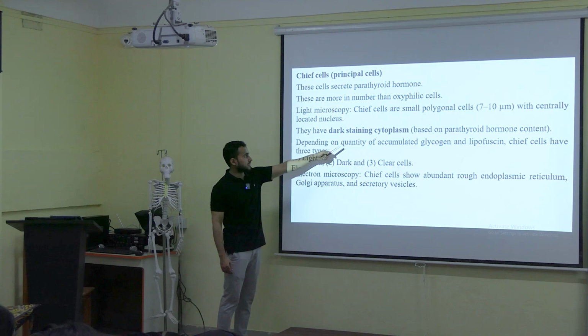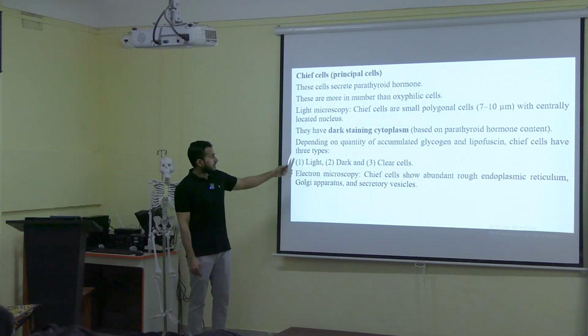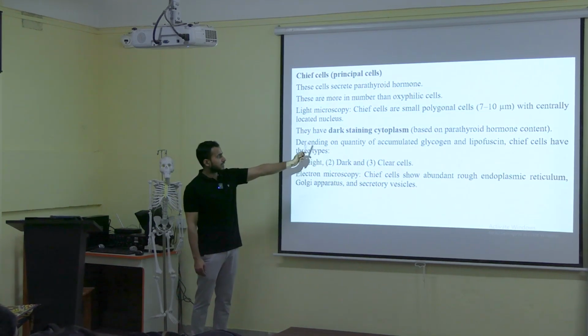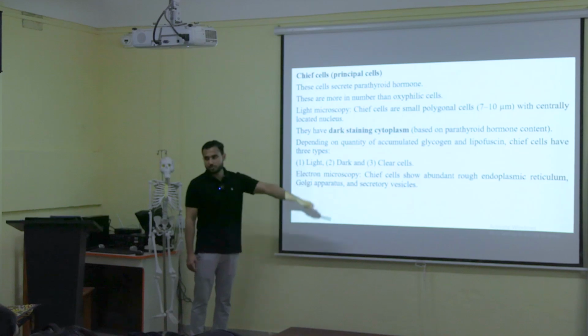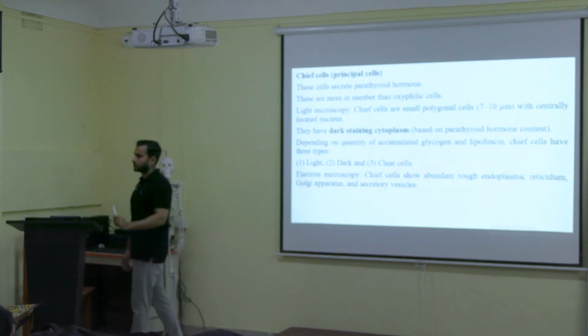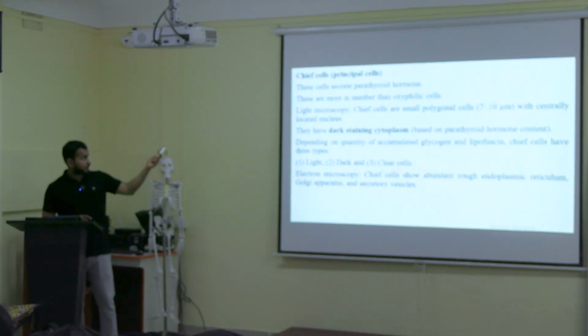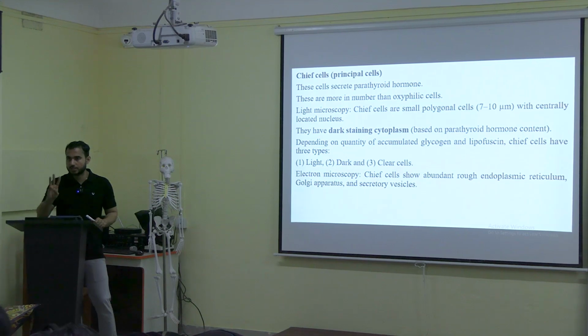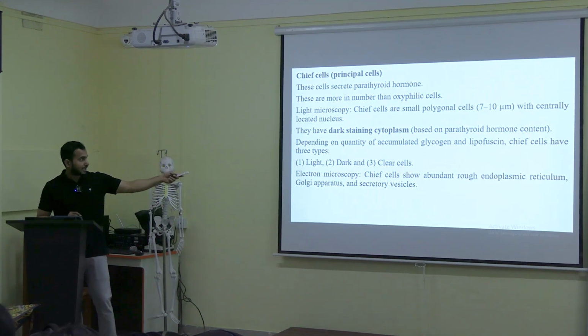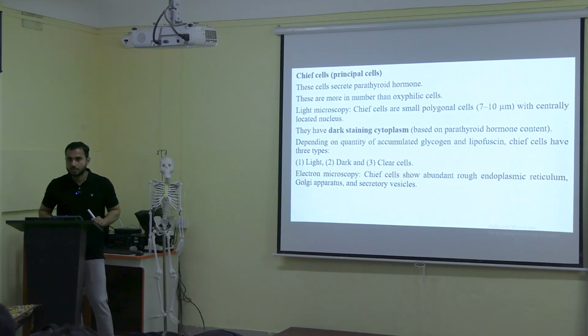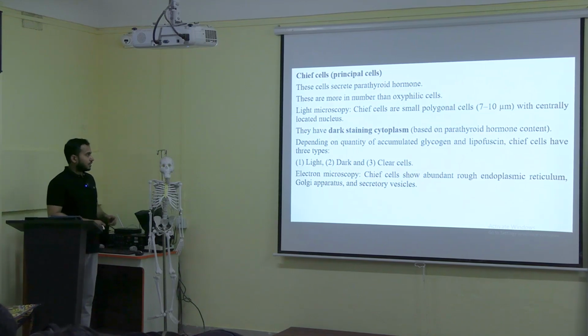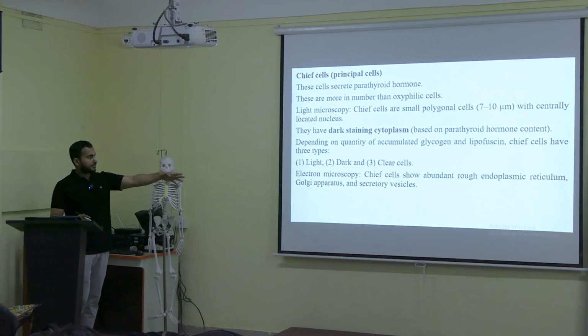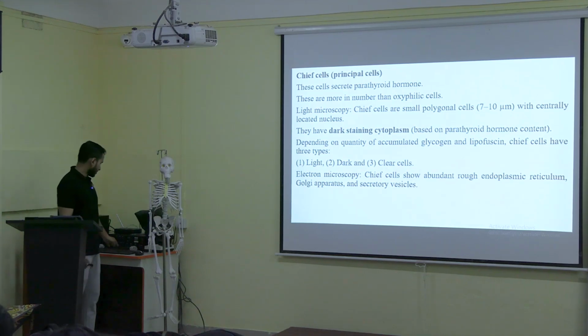Depending on the quantity of glycogen accumulated, and lipofuscin, a yellow pigment inside the principal cells, they are of three types: light, dark, and clear cells. Under electron microscopy, chief cells show abundant rough ER, Golgi apparatus, and secretory vesicles.